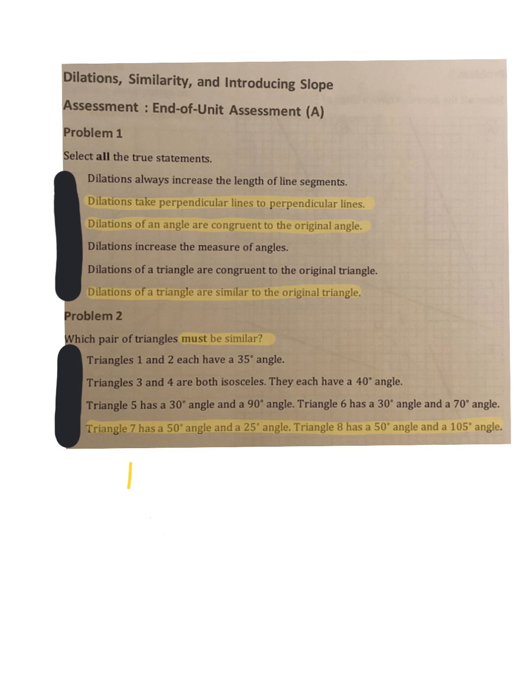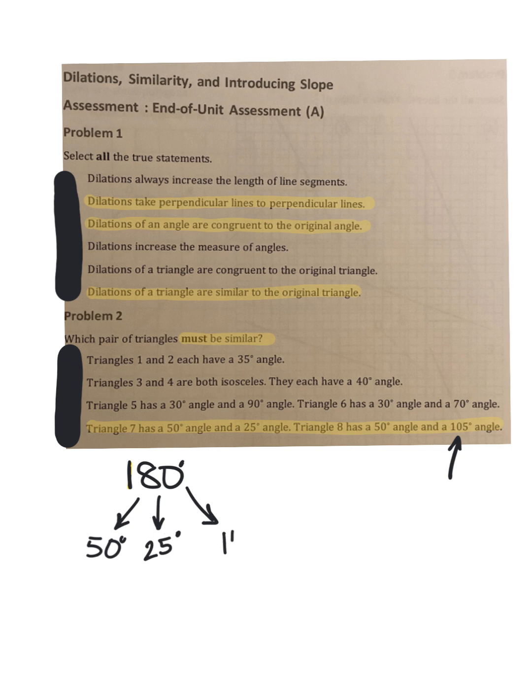So if we consider the fact that there's 180 degrees in a triangle, the first one, it says triangle 7 has a 50-degree angle and a 25-degree angle. Well, if you add these together and subtract from 180, let's see, 50 and 25 is 75. And 180 minus 75 is going to be 105 degrees.